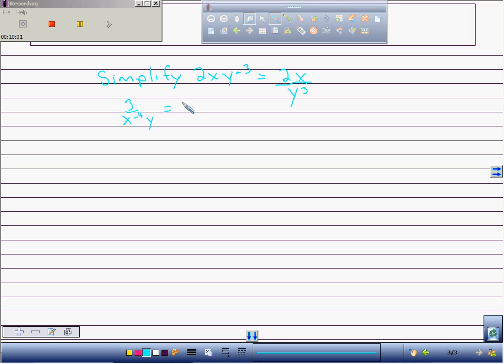What can I do with this -4? It's in the bottom, so bring it upstairs. So it's 3x to the 4th. And this is already positive on the bottom, so I'm going to leave this on the bottom. So that's what they mean by simplify.